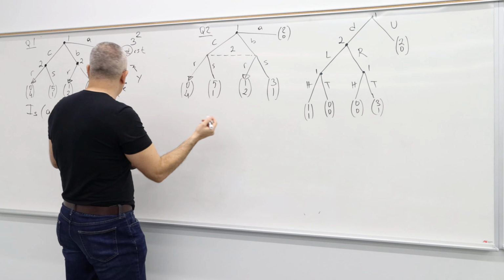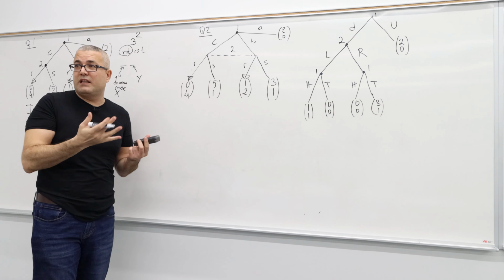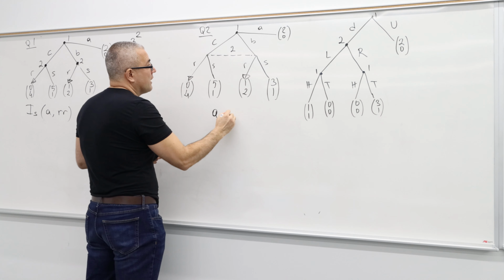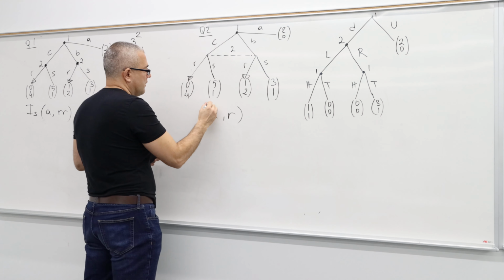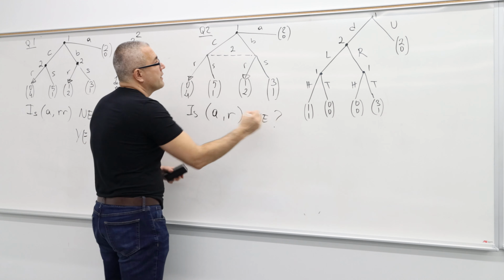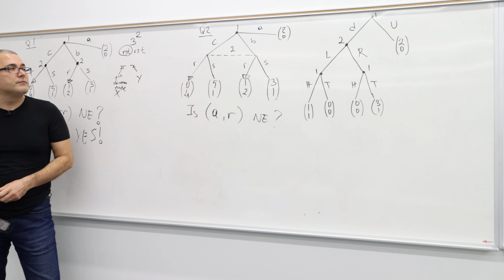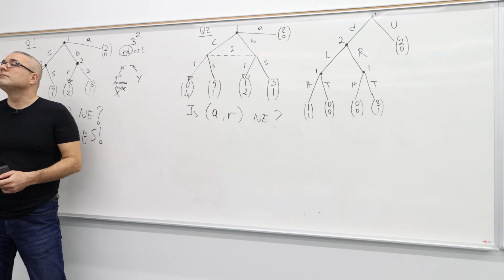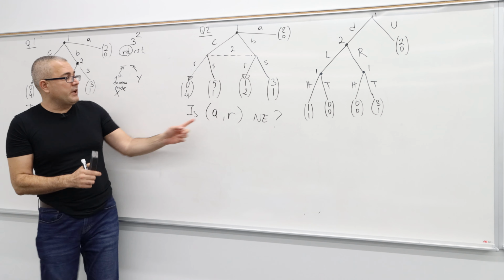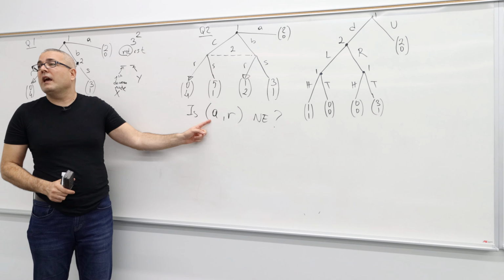Well, let's see. The strategies are different here, but probably it's going to look something like this. Is A, R a Nash equilibrium here? The logic is the same, right? Is player 1 best responding by playing A?